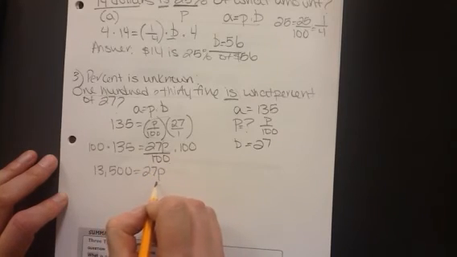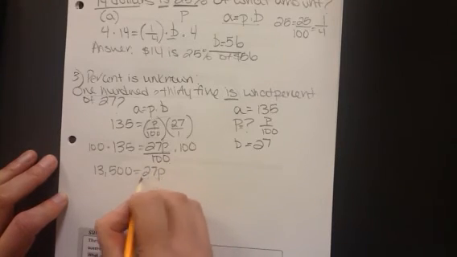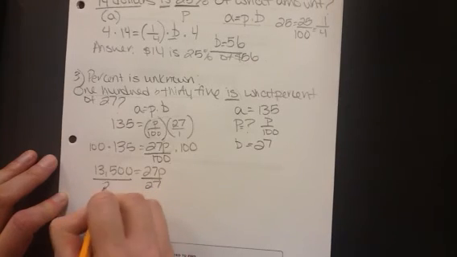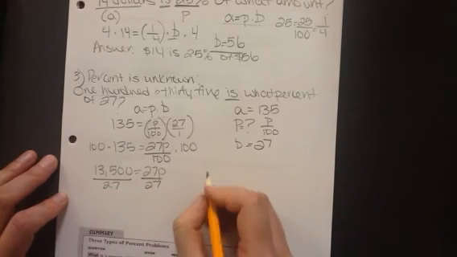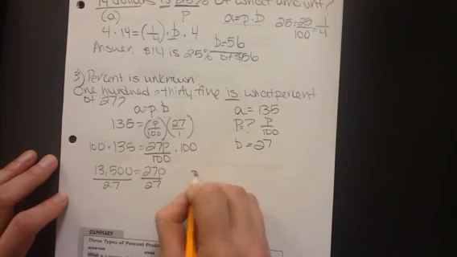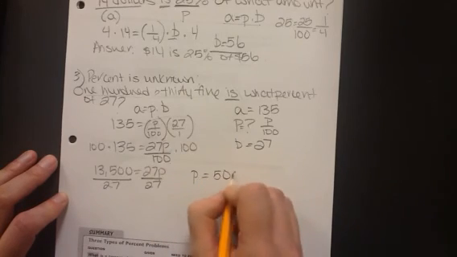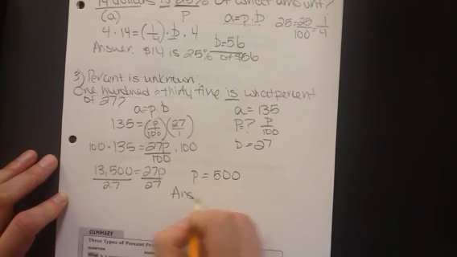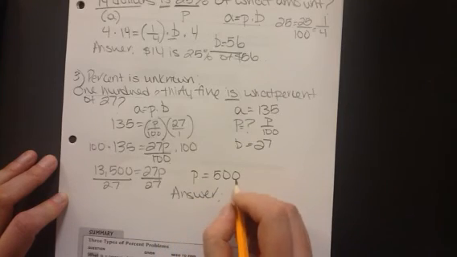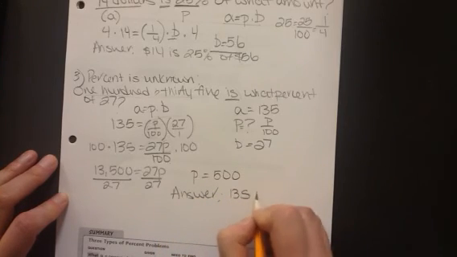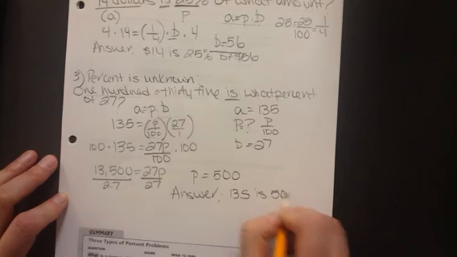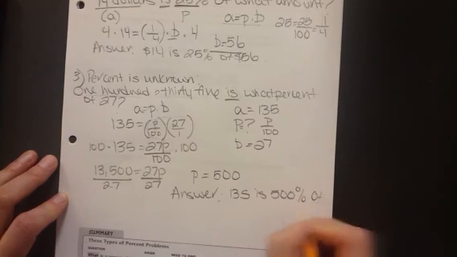The inverse operation of multiplying by 27 is dividing by 27, so P is equal to 500. The answer is 135 is 500% of 27.